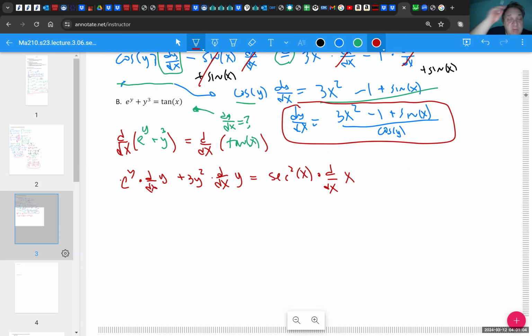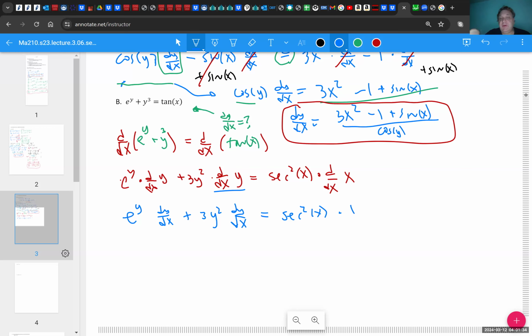So over here, I'm just going to write it in a little more simplified form to see. I have e to the y dy/dx. I have 3y squared times the derivative of y, which is 3y squared times dy/dx. Almost made a mistake there. And over here, I have secant squared x times 1, because d/dx of x is just 1.